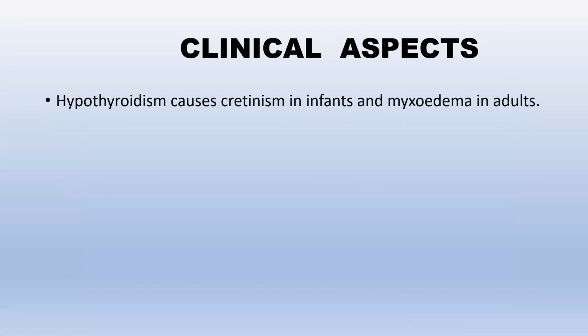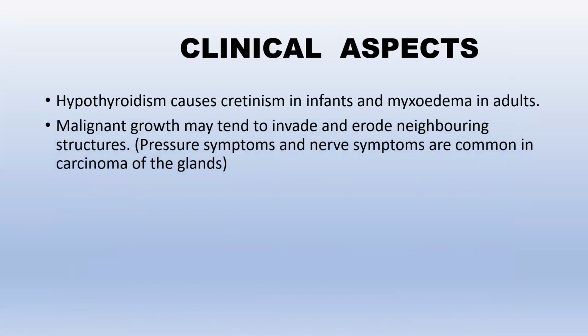And one more thing, we have to know about cancer or carcinoma of the gland. When there is a malignant growth of the thyroid gland, it will invade and erode nearby structures. This should be treated properly, and pressure symptoms and nerve symptoms are common in carcinoma of the gland.